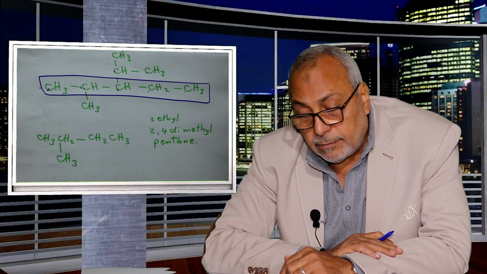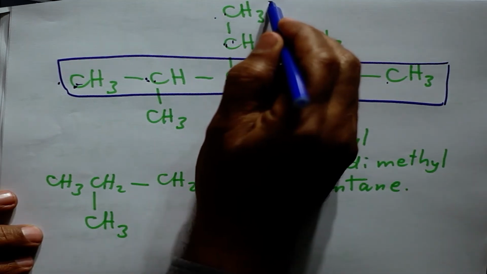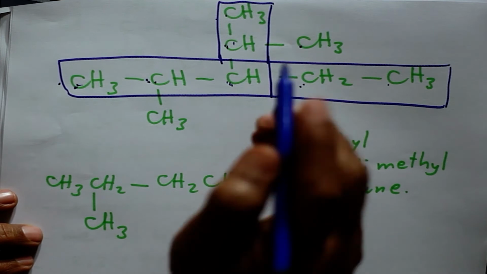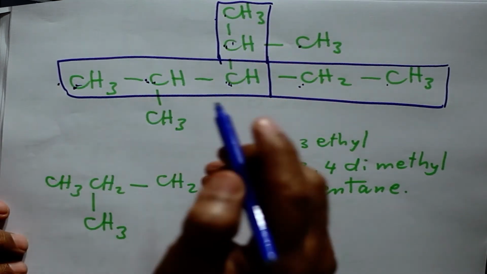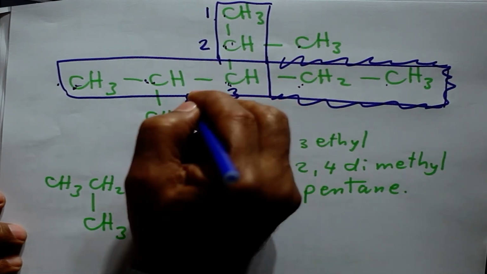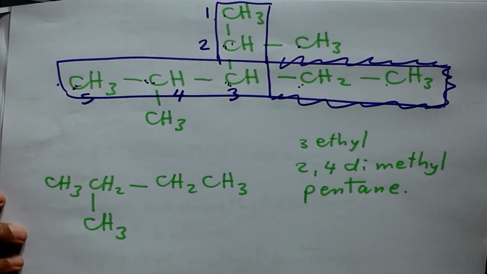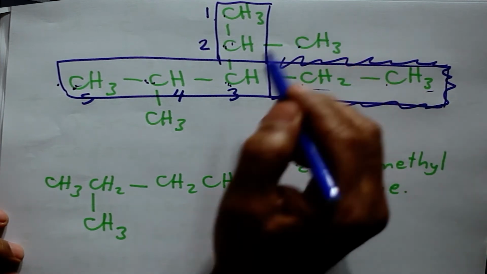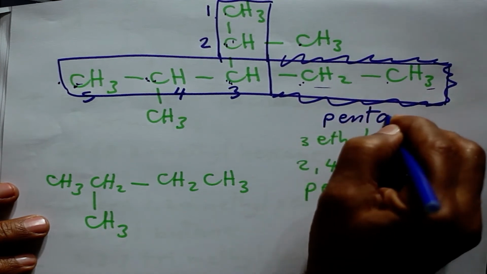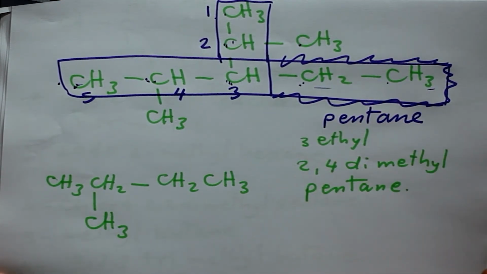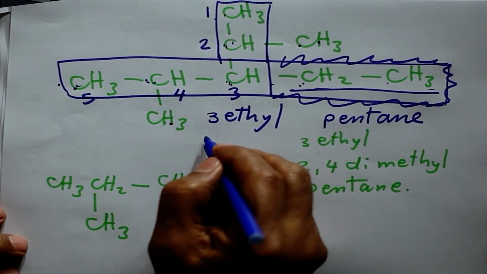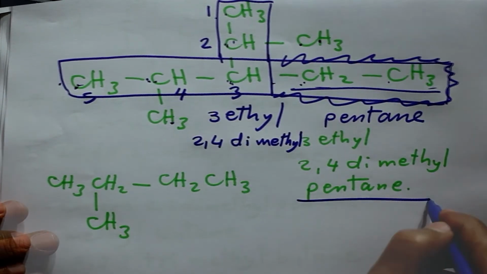We will start numbering; we can get the branches easily. Numbering 1, 2, 3, 4, 5. Ethyl group, methyl, methyl, pentane. And we have 3-ethyl-2,4-dimethylpentane.